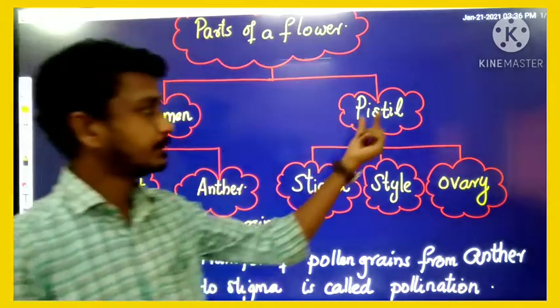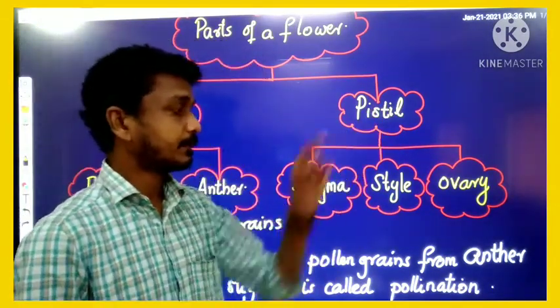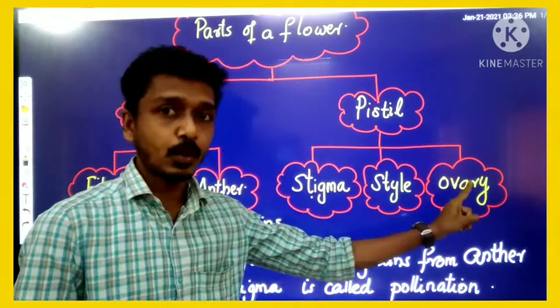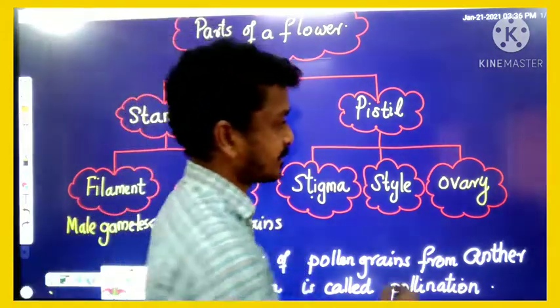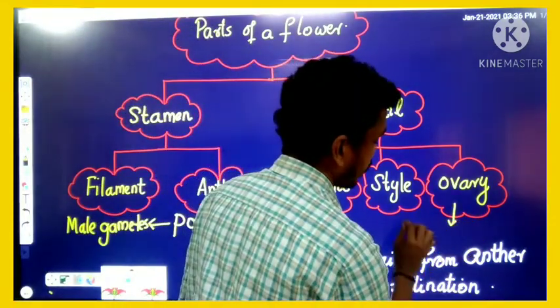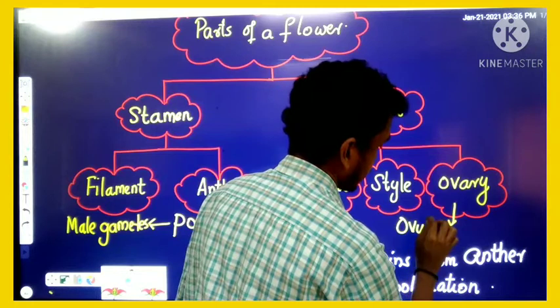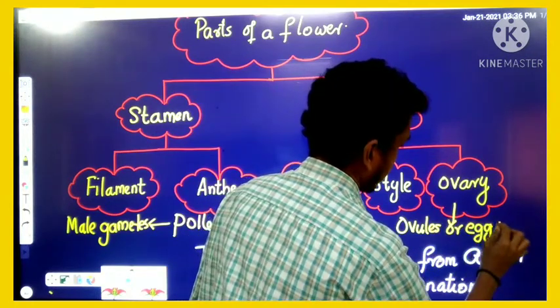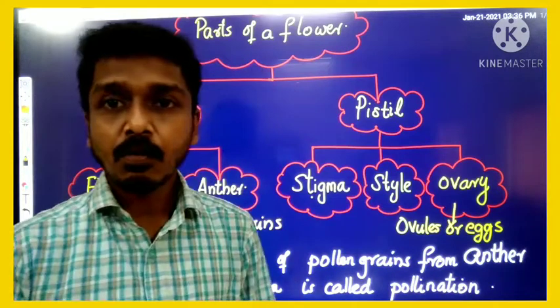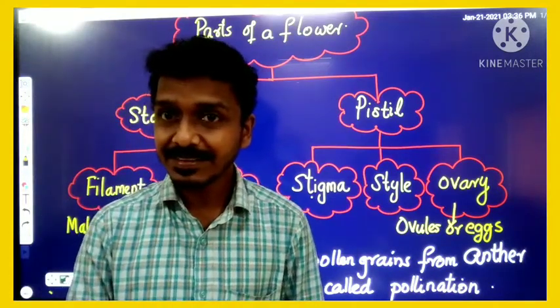Now what about here? Yes, you know that pistil has stigma, style and ovary. Ovary contains ovules or eggs. Ovules contain which gametes?